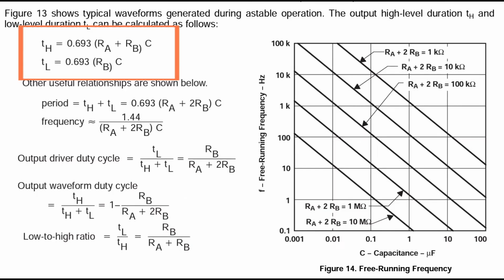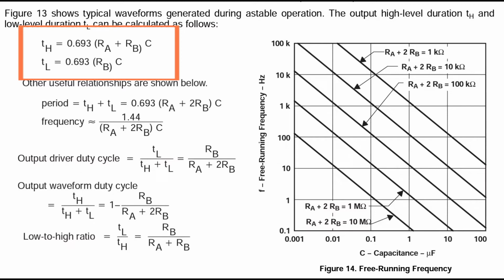So basically, these two formulas are the core concept. You see the time the signal is high of the pulse is this 0.6 something. I call it 0.7 just for sake of a joke. And then you add the two resistors together and you multiply it by the capacitor.